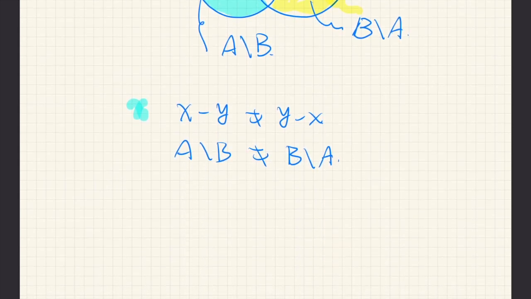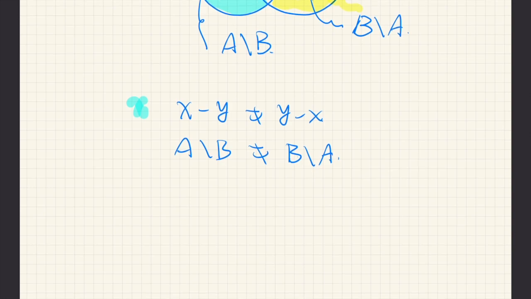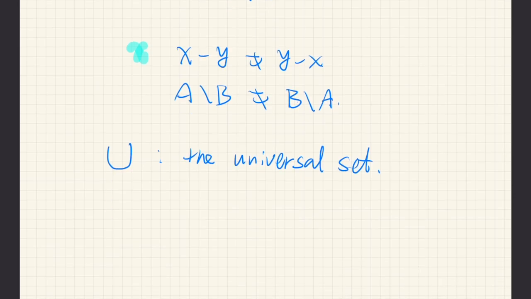In mathematics in general, it is often convenient to consider that everything we consider is an element of some set. Let's call that set a universal set, and write U. The universal set is a set that contains everything we need in mathematics, such as numbers, or maybe functions, or figures, or whatever.